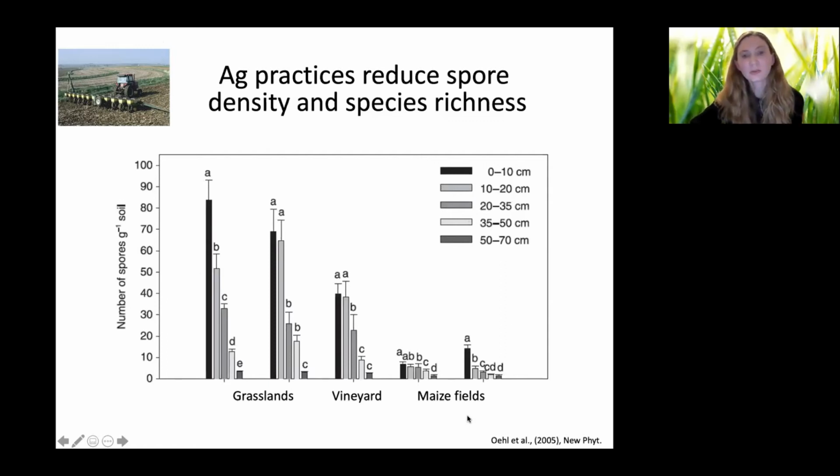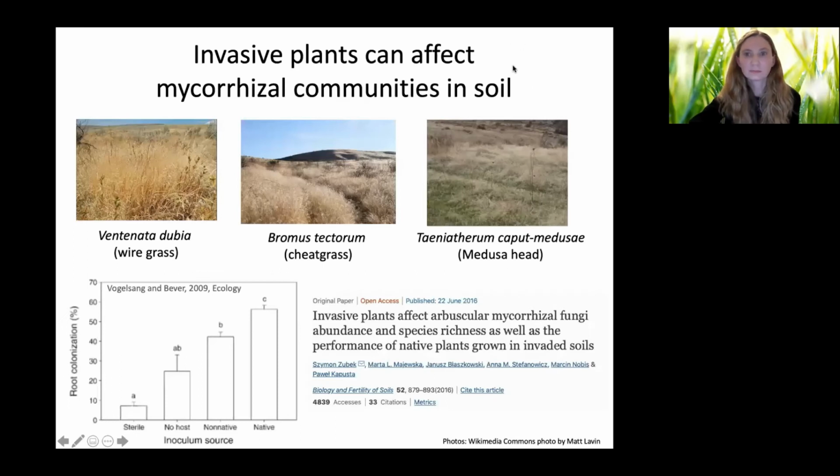And what they found was that mycorrhizal spore density, as well as the number of different species, was much more reduced in the cornfields compared to the grasslands, which isn't surprising considering how sensitive these fungi can be to some of these management practices.